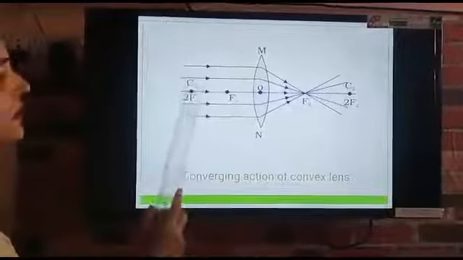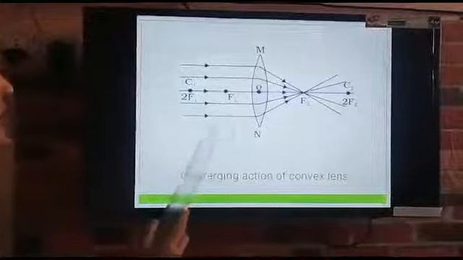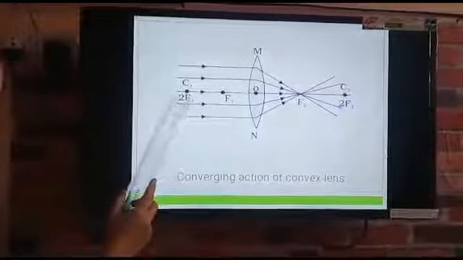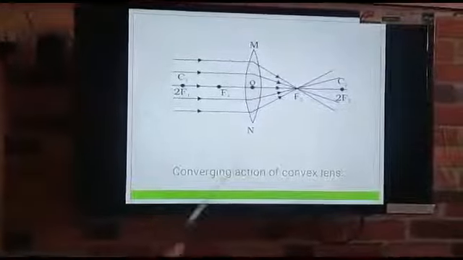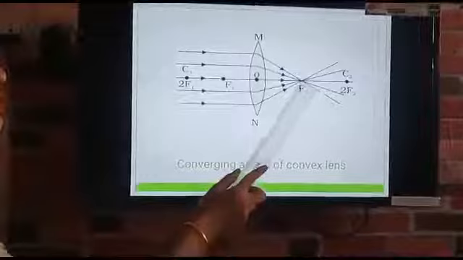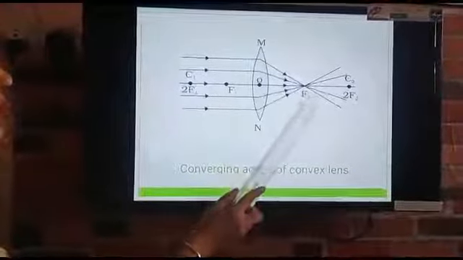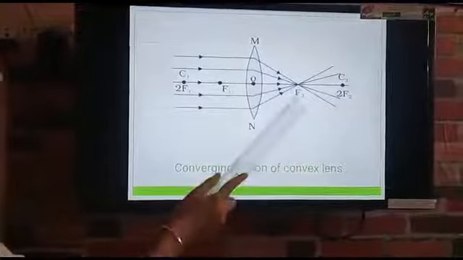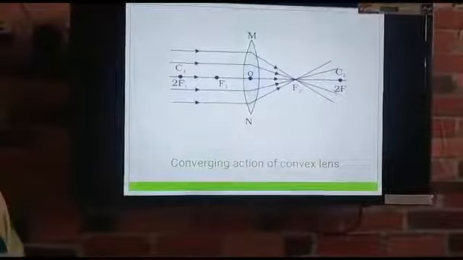Four light rays are shown here. These light rays are parallel to each other and also parallel to the principal axis. After passing through this lens, they all converge on the principal axis at one point, and this is known as the focus. This is the focus for the convex lens.